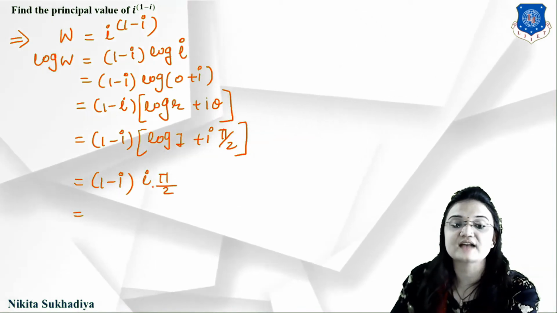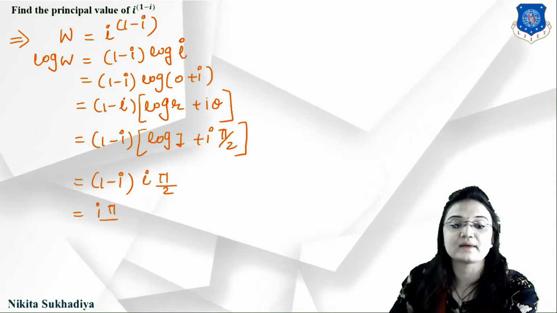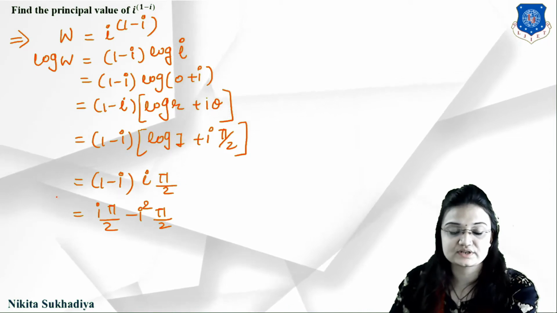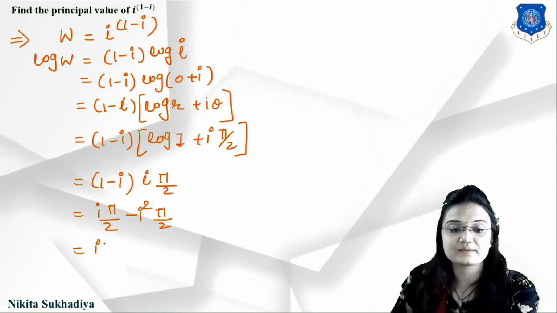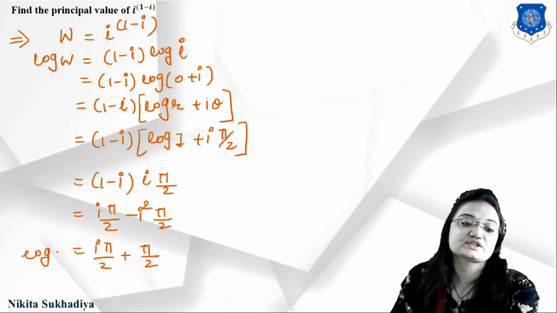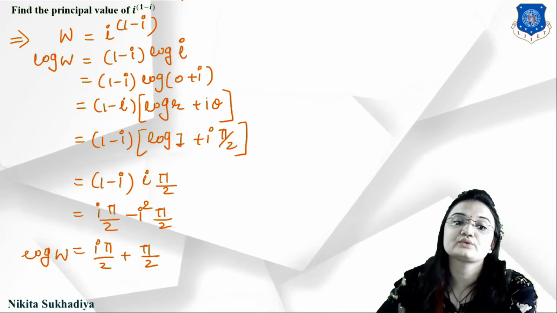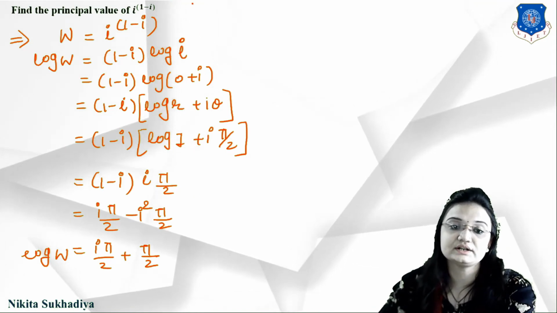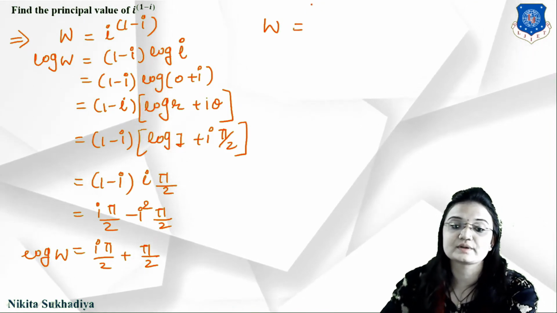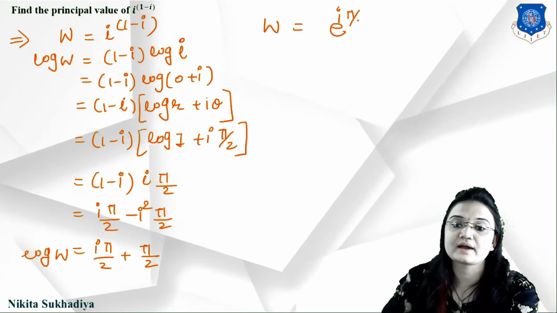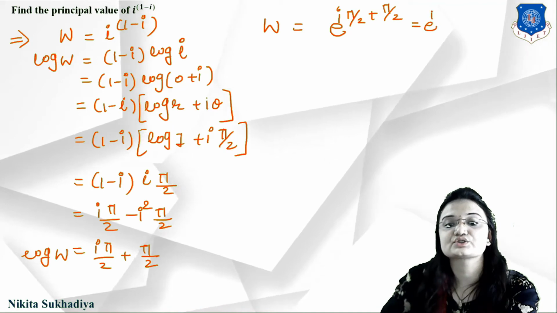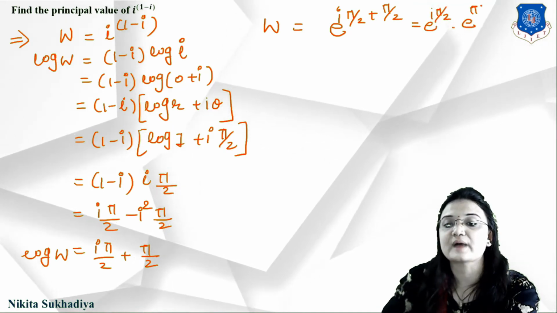Now multiplying this i π/2, this will become i π/2 minus i squared π/2, and we know that i squared is equal to minus 1. So this is i π/2 plus π/2. But this value is for log w, and we have to find the principal value for w. So by taking the exponential on the other side, w is e raised to (i π/2 plus π/2). This is e raised to i π/2 into e raised to π/2.